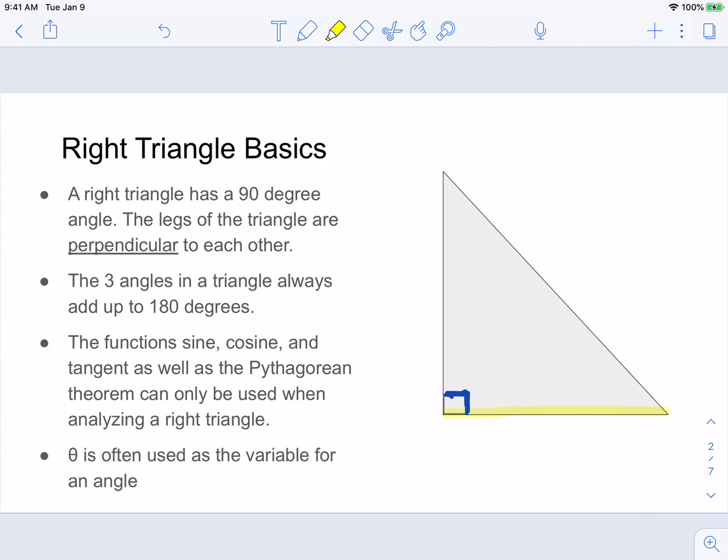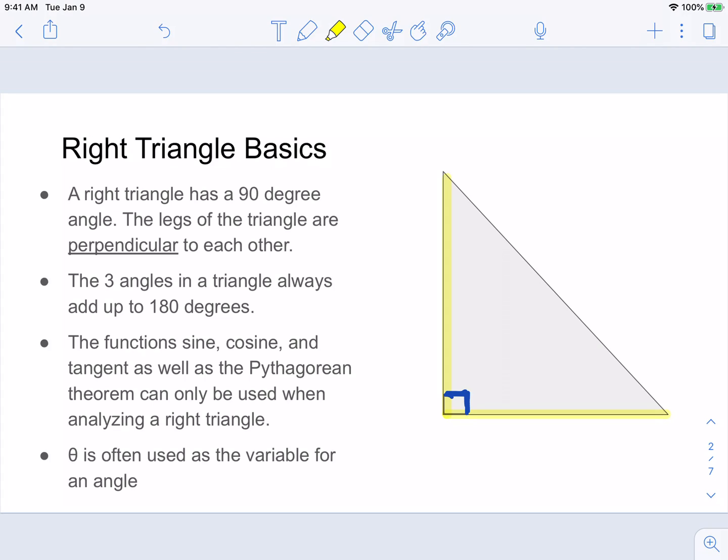I'm highlighting one leg, I'll highlight the other leg of the triangle, and those two legs together make up that right triangle. We say they're perpendicular to each other. So a 90-degree angle is also sometimes referenced as the lines or the legs being perpendicular to each other at that point.